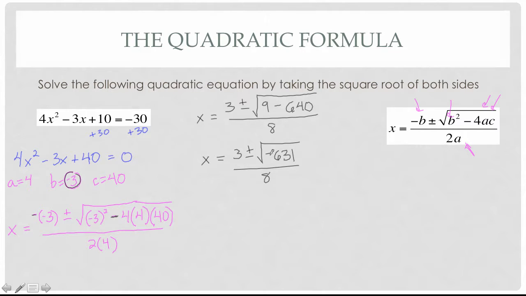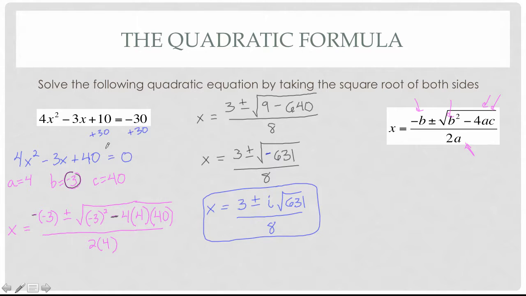So our next step is to take the negative and rewrite it as an imaginary number. So x equals 3 plus or minus i times the square root of 631, divided by 8. There's my exact solution. It's not very pretty, but it would be really hard to get this using square roots or factoring.